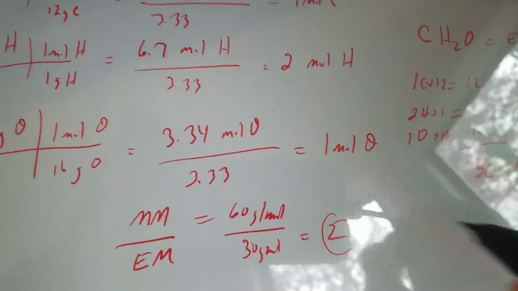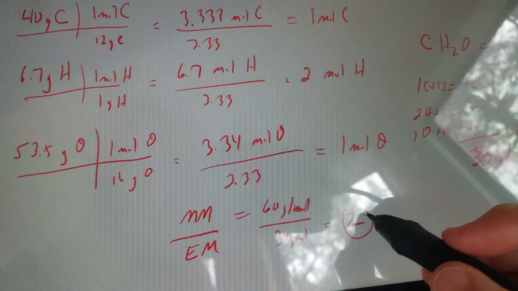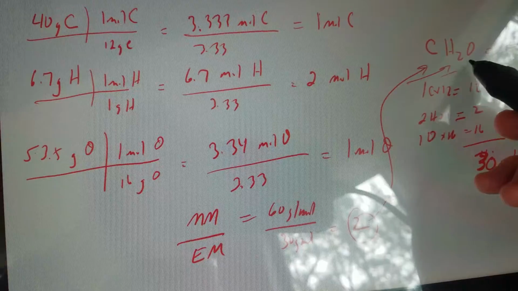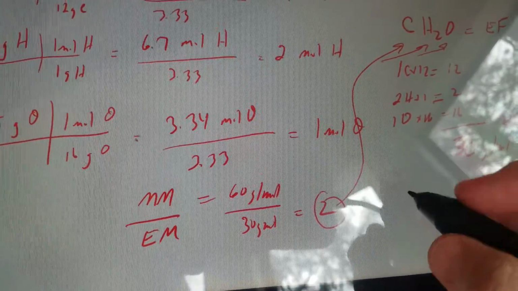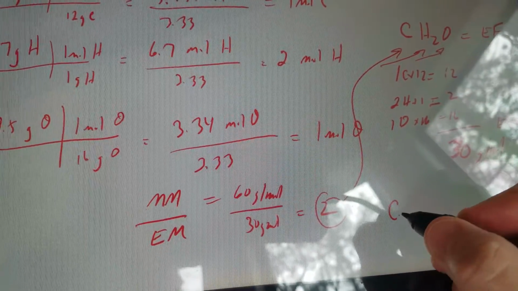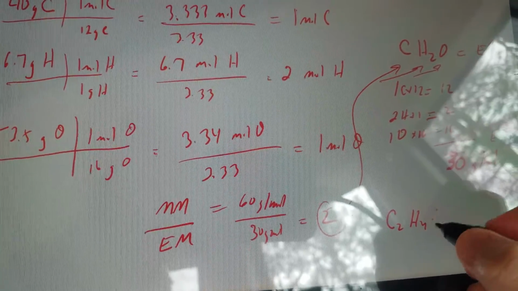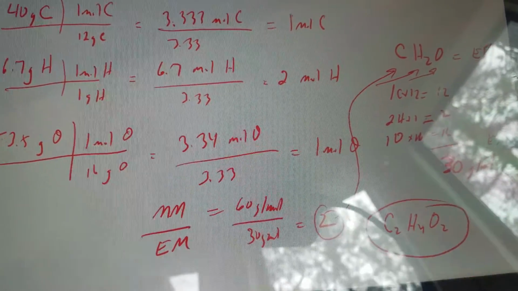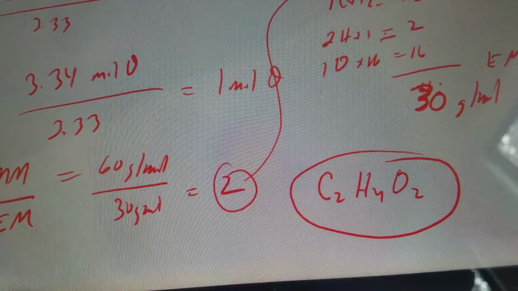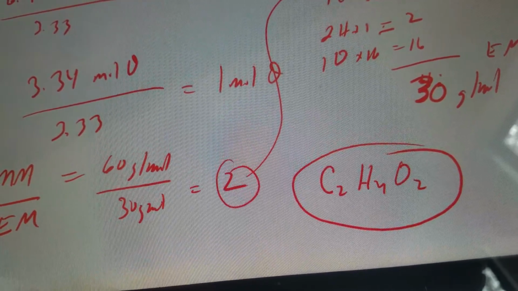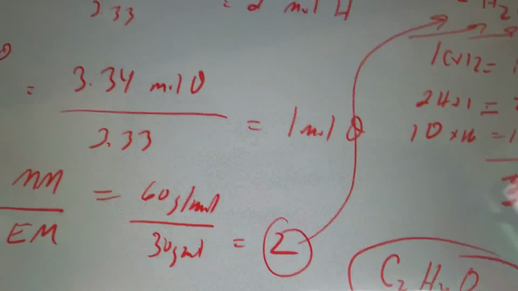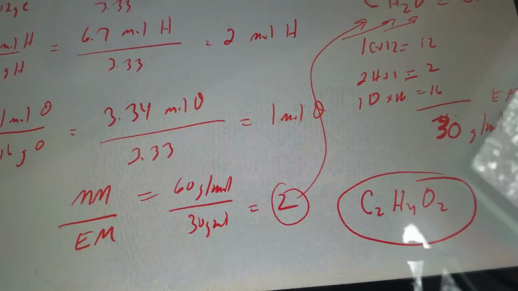Remember, this is going to be what I need to use to multiply each of my subscripts up here by that 2. So my molecular formula then would be C2H4O2. That would be my molecular formula. So there's others for you to try and see how you do on those.